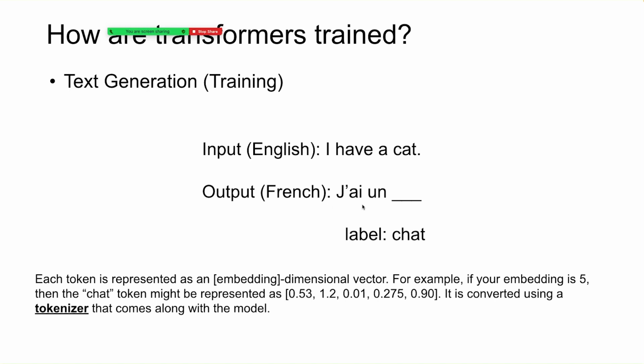So let's say I'm on the training process, training a model to translate from English to French. I have a cat, j'ai un chat. The training process goes like, I cover un and train un. And once I have un, I plug in un and generate chat, the last token, right? And this is, of course, a supervised training procedure.